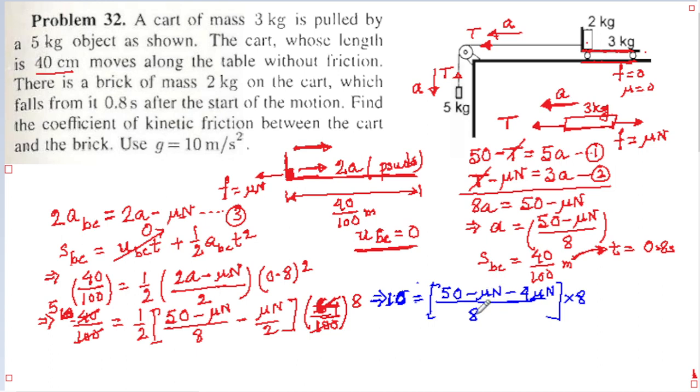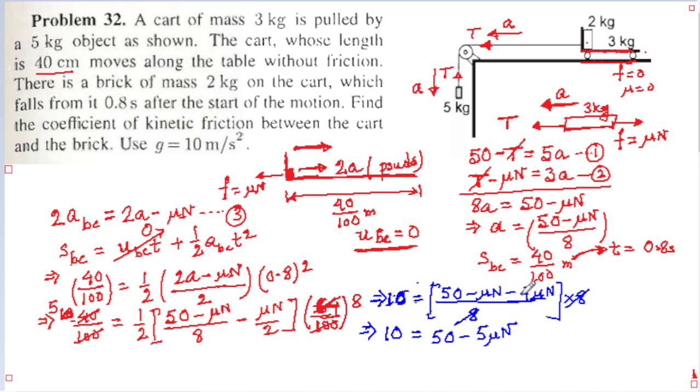Now this 8 and 8 cancel out, so 10 equals 50 minus 5 mu n.